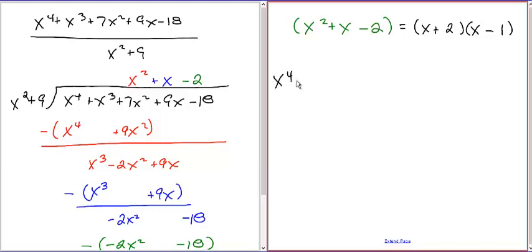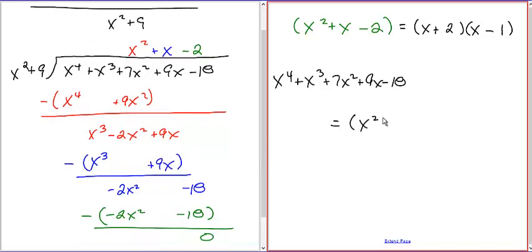What I can do is rewrite the original function, where I was given just one complex zero, as x minus 3i times x plus 3i, which gives me this x squared plus 9, and then the remaining two real factors.